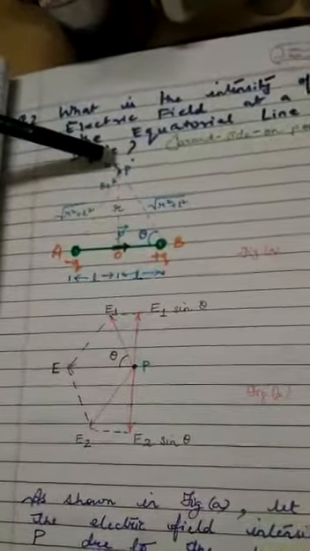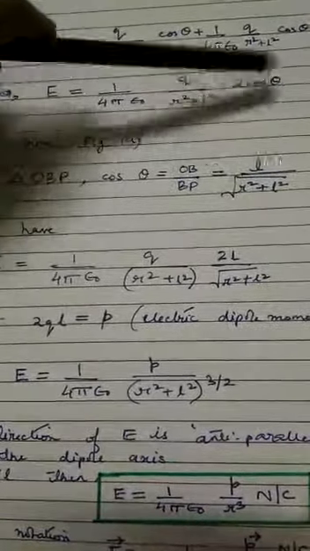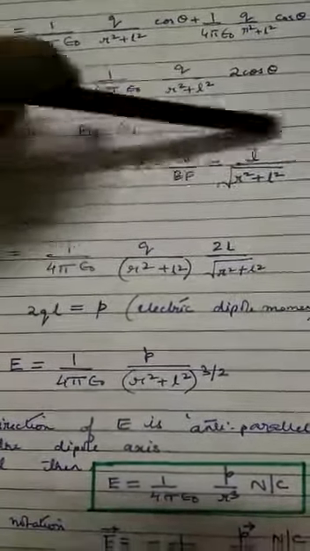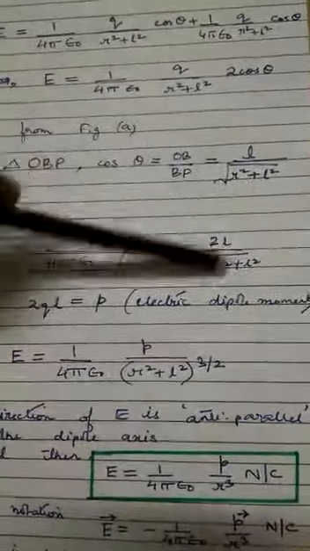So we put that here. Cos theta equal to OB by BP, adjacent side by hypotenuse, L by root over r square plus L square. So what do we have finally? 1 by 4 pi epsilon naught q by r square plus L square, times 2, and instead of cos theta we are substituting this L by root over r square plus L square.